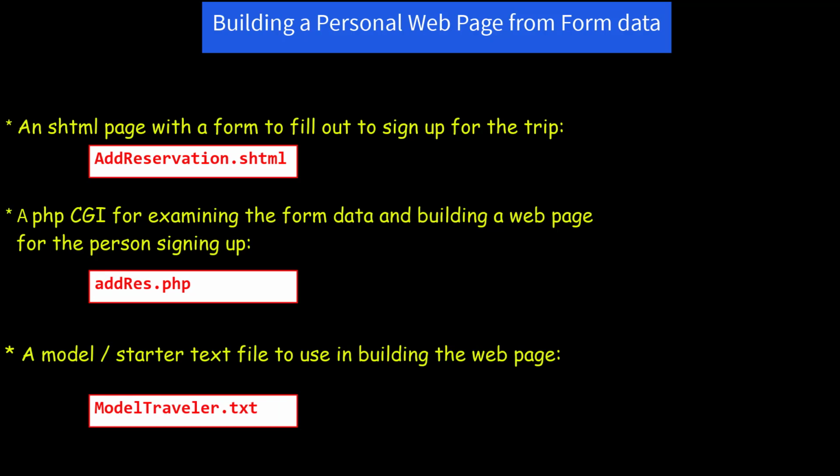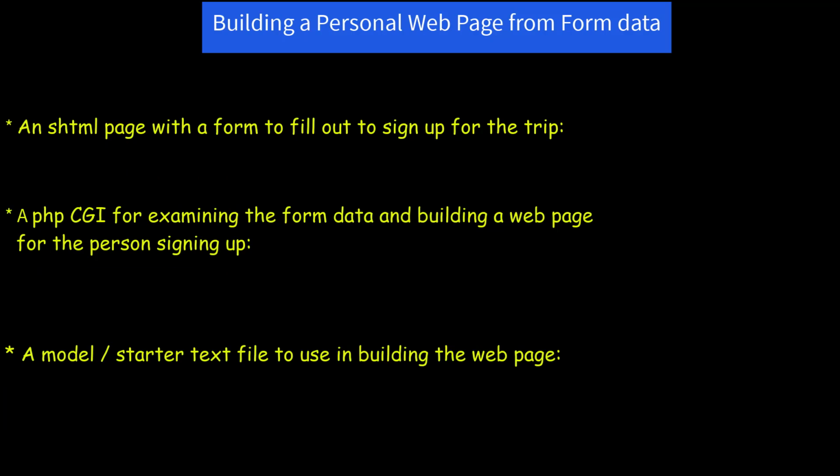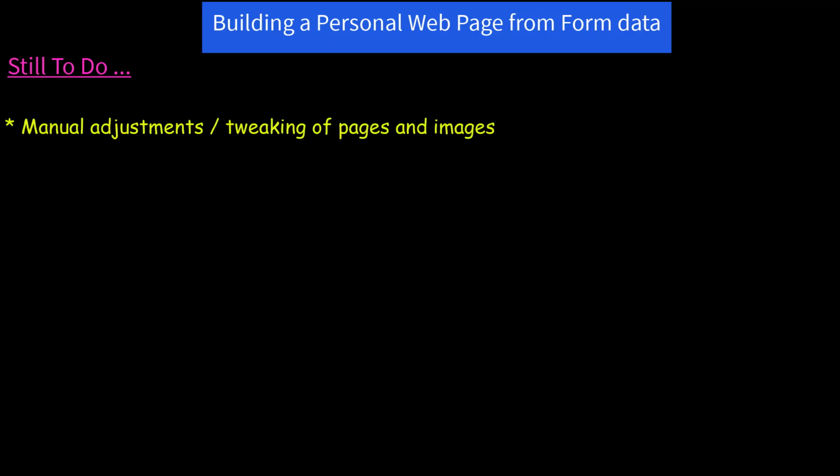And the above pieces work together just fine. We still have some work to do. Some manual adjustments or tweaking of our pages and images, and construction of the page of all travelers. But we've already gone on long enough. We'll address the above topics in the next video session.